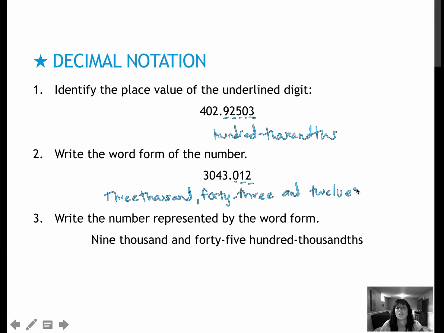Tenths, hundredths, thousandths. Thousandths. And our last, we have 9,000 and 45 hundred-thousandths. So tenths, hundredths, thousandths, 10,000ths, 100,000ths. We have 45 of them. The rest are zeros. And that's it.